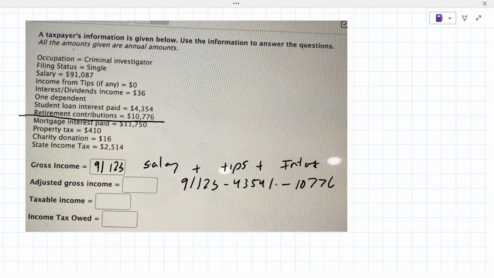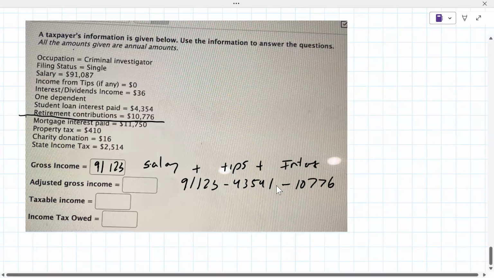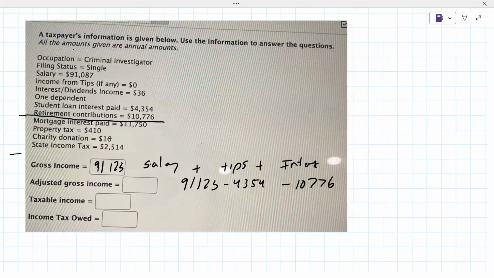Minus 10,776. And then the mortgage interest, you've got that property tax there, charitable donations there, state income tax. Okay, so I think we've got it here enough to at least get some numbers going.